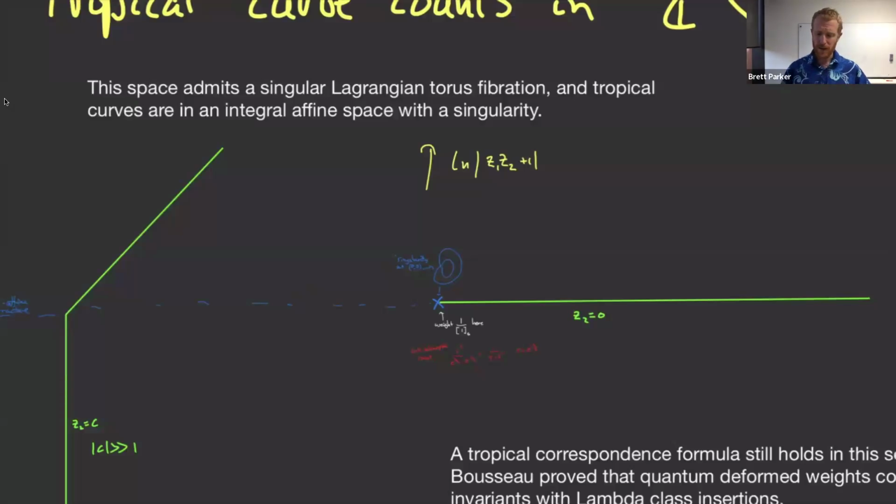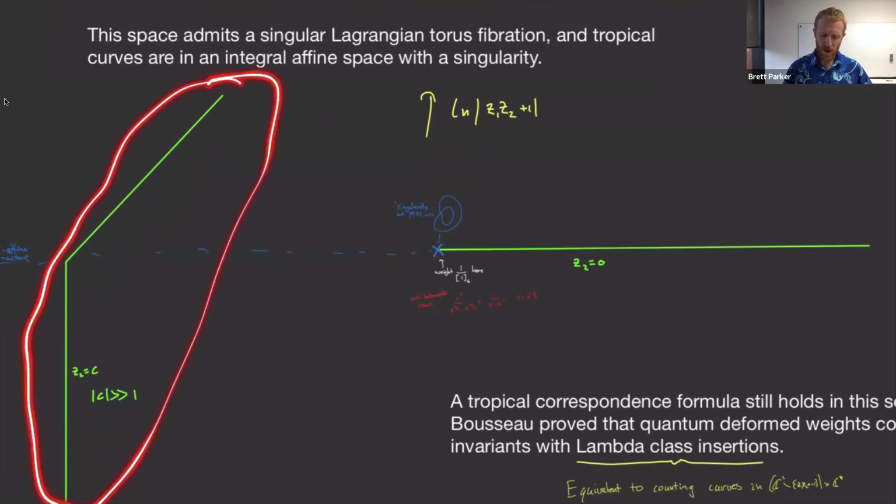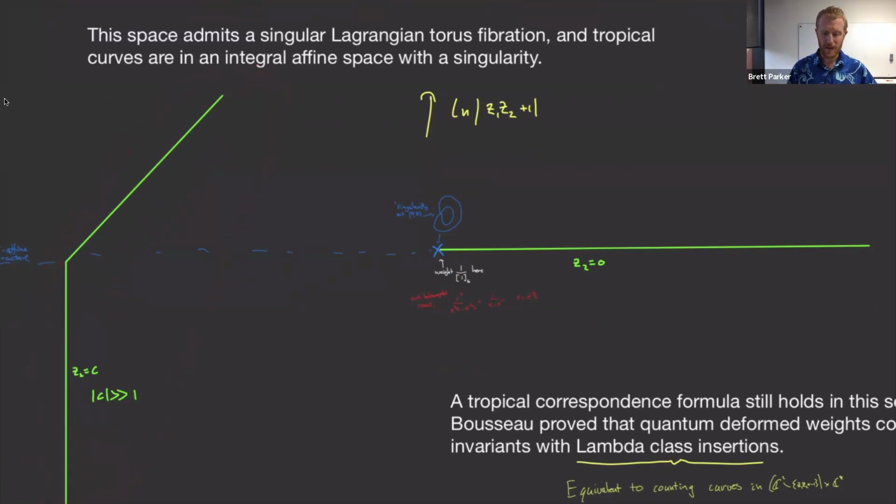There's one interesting thing here: counting holomorphic curves that look like this is very easy. This is just a cylinder where z2 is equal to a constant, where this constant is much bigger than 1.